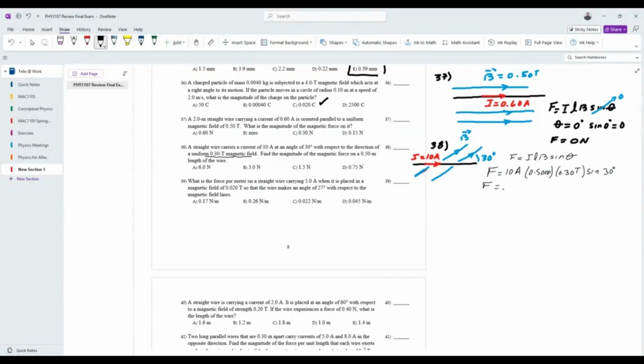So the force would be, in this case, 0.75 newtons.